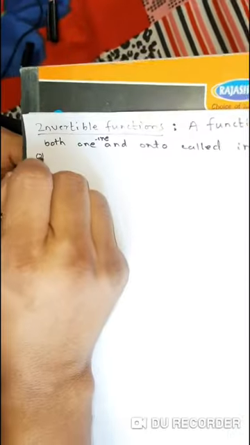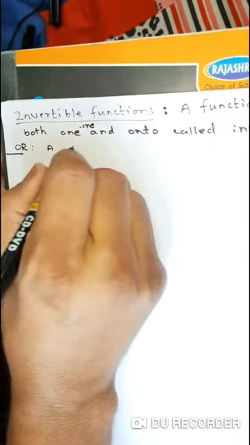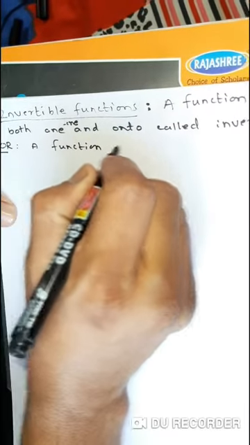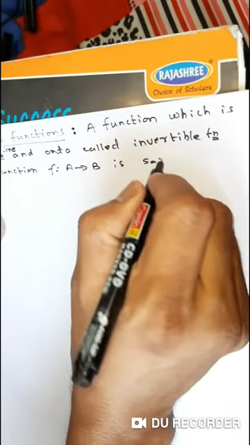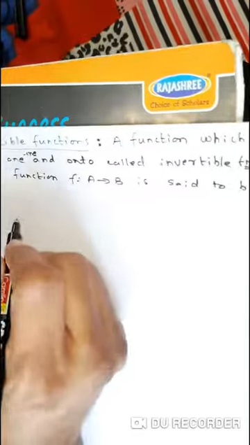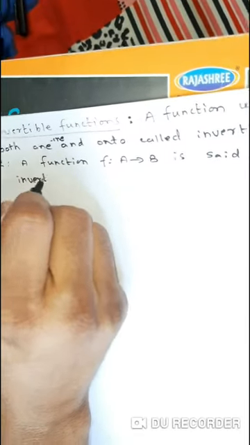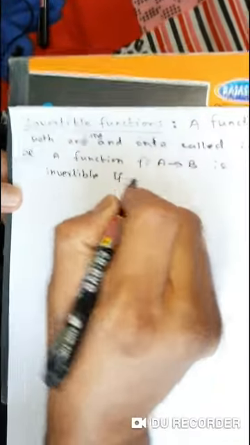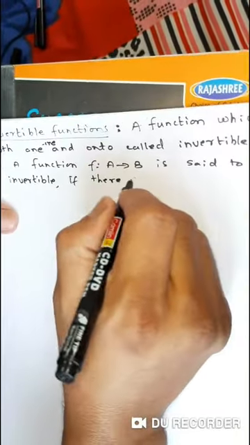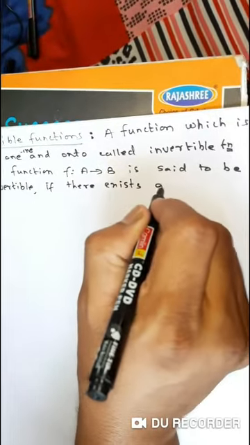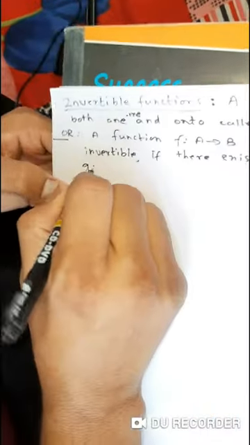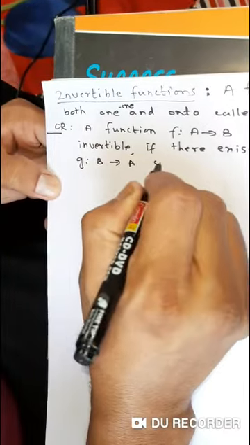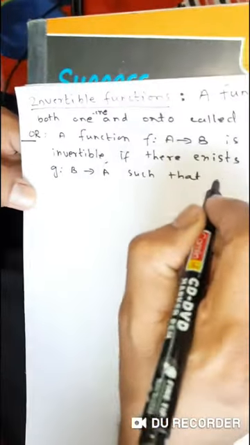Or another definition: a function f mapping A to B is said to be invertible if there exists another function g mapping B to A such that x equal to g of y.